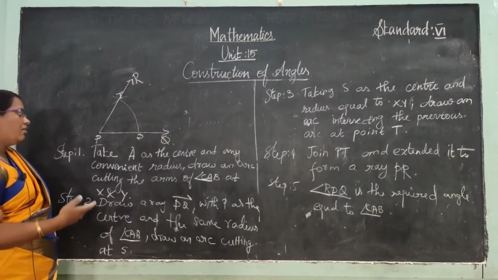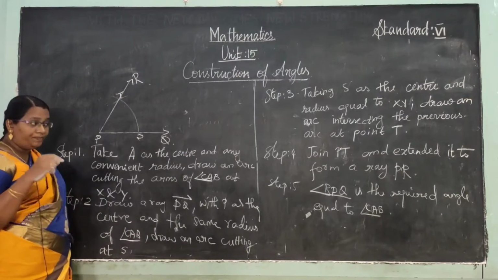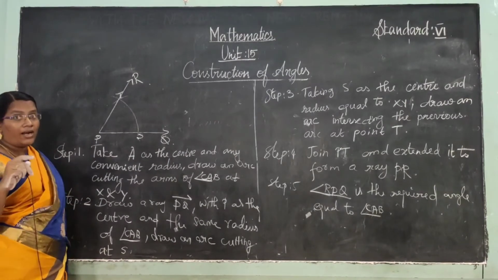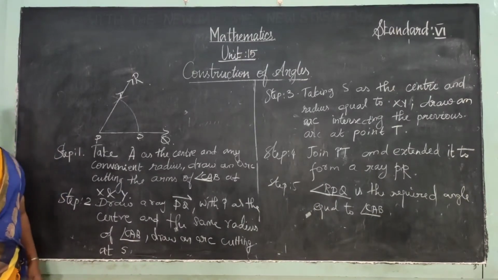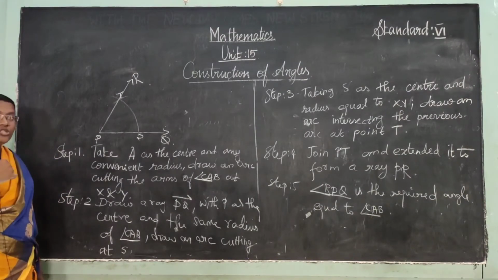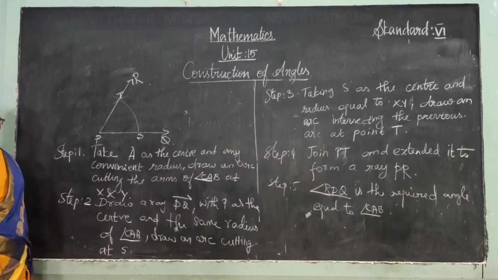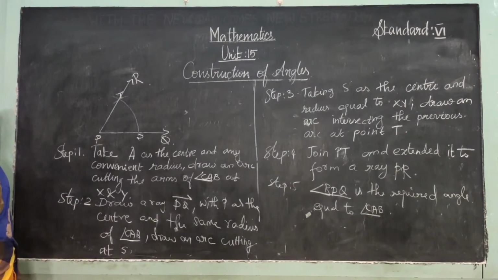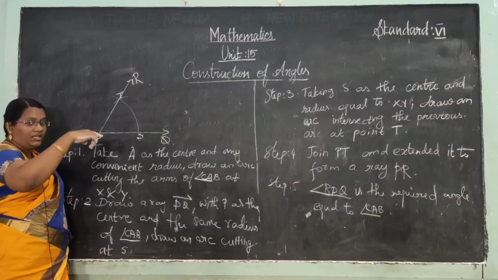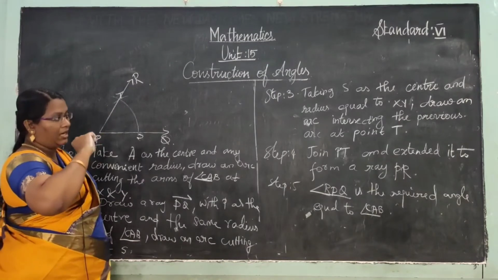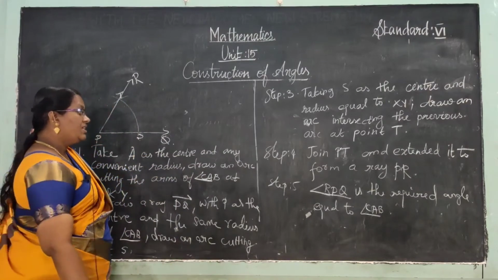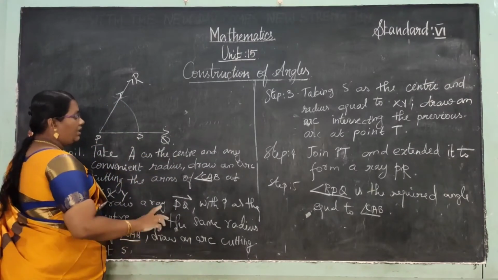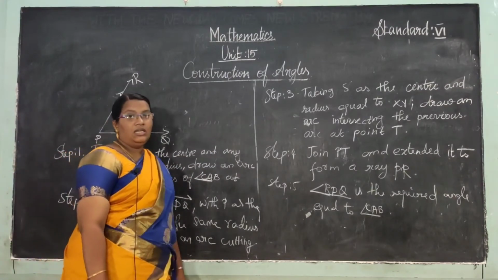After that, with center X, draw another arc, and the intersecting arc is denoted by Y. Then join the line A to Y and extend the ray to AC. Then we get the angle CAB.